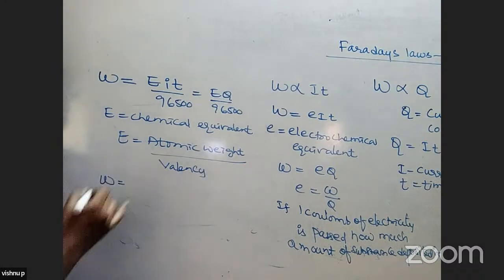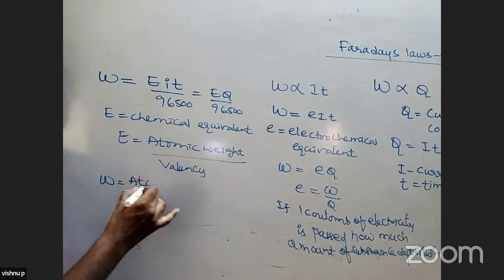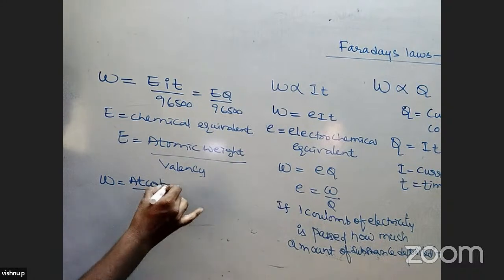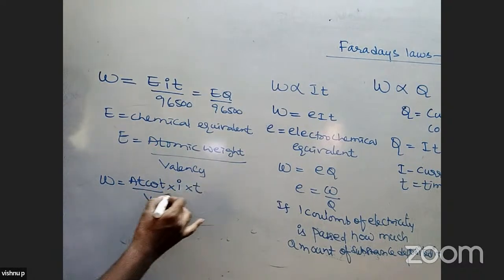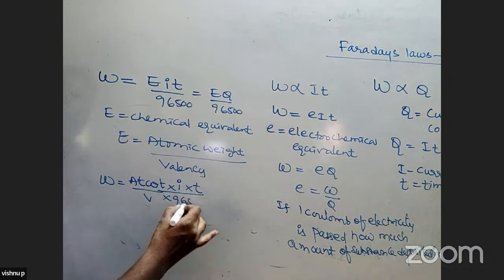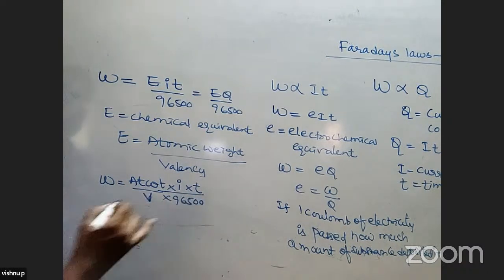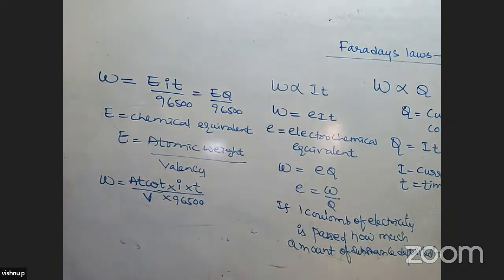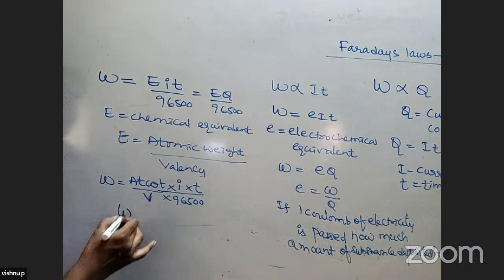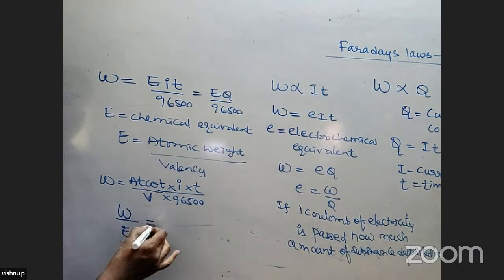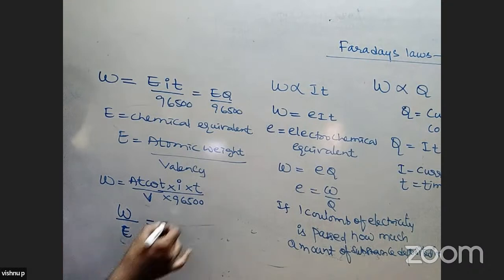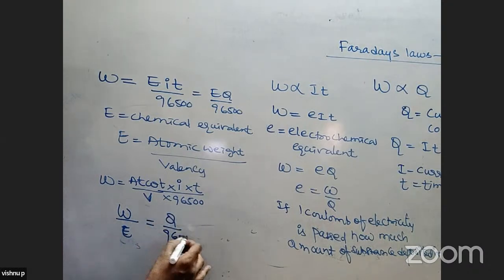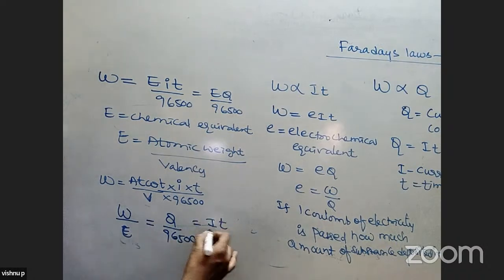So W is equal to atomic weight by valency, into current in amperes, into time in seconds, by 96,500 coulombs. This is what is called Faraday's first law. Here W by E is equal to Q by 96,500, which is equal to IT by 96,500.